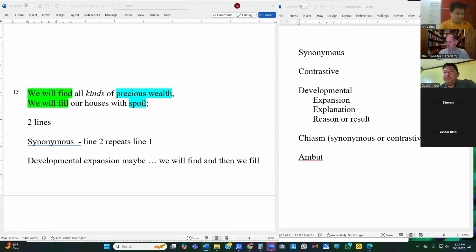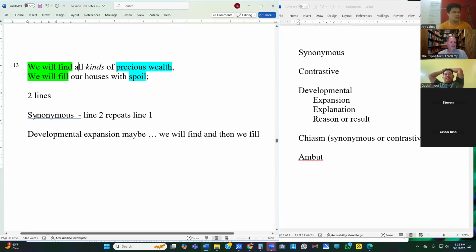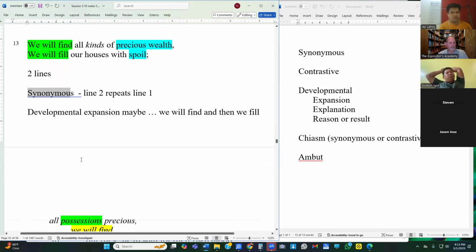This one's a little tougher because it's almost the same, but the wording is very different. The one thing we can check is the precious wealth and the spoil. I think those are synonyms. We will find and we will fill is close, but the all kinds is really almost different. So this is again leaning synonymous.